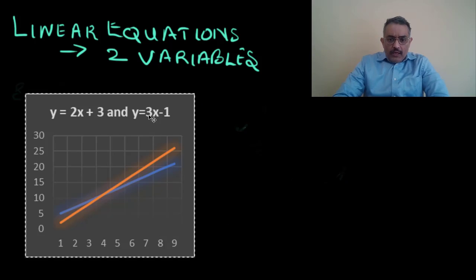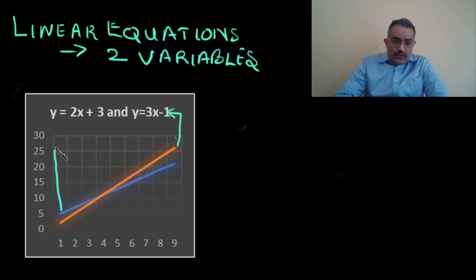Now, here is the chart or a plot of both those equations together in the same graph. The blue line corresponds to the first equation, and this orange line corresponds to the second equation.